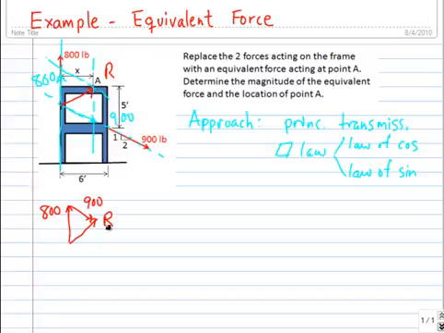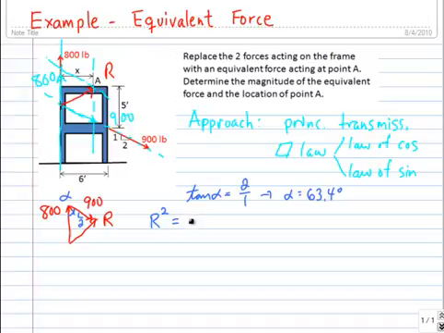So we need to determine an angle, and we can do that because we know the slope of this line is 1/2. That enables us to calculate this angle. I'm going to call it alpha here. So the tangent of alpha is equal to 2/1, which gives alpha equal to 63.4 degrees.